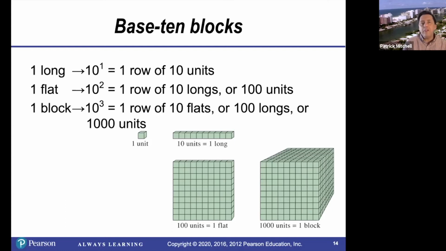So one tool that's used to help children understand the base 10 system is called base 10 blocks. So you have units to represent ones, you have longs to represent tens, you have flats to represent hundreds, and then you have blocks to represent thousands.